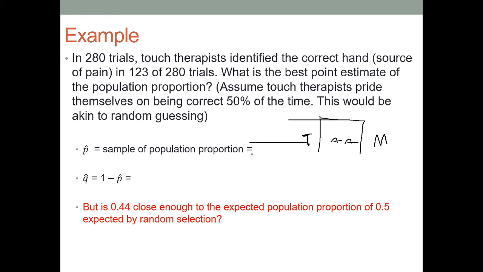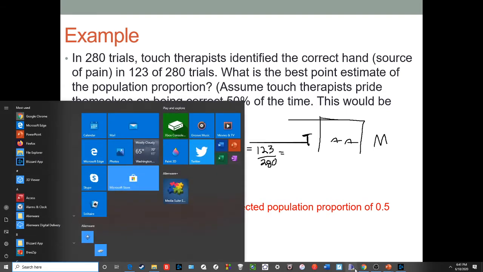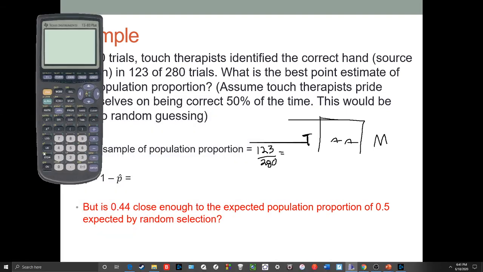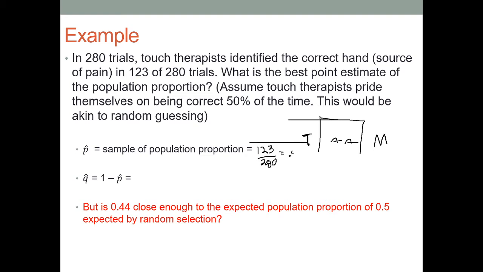Which, if we do some math here, 123 out of 280, and that line is very annoying. So let me erase that here. So 123 out of 280. If we do that calculation here real quick, we end up getting about 47%. 0.47.